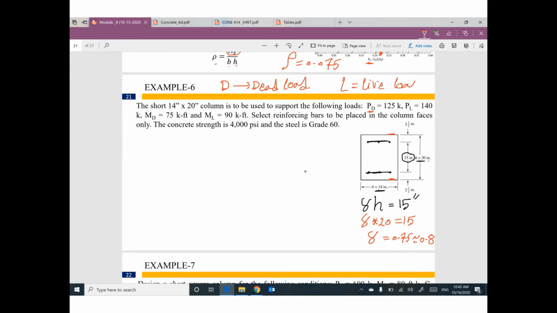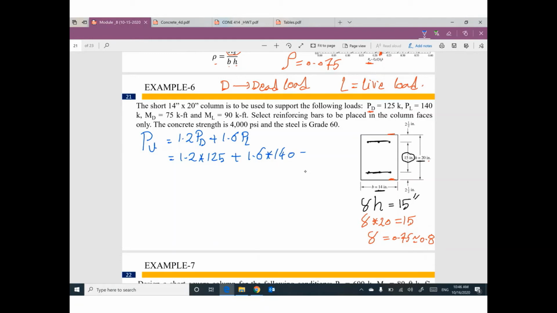Brock, did the problem say these loads are factored loads? No, the problem didn't say factored load. The problem said we have dead, we have live. So if you are looking for P ultimate, it will be 1.2 P dead plus 1.6 P live: 1.2 times 125 plus 1.6 times 140.